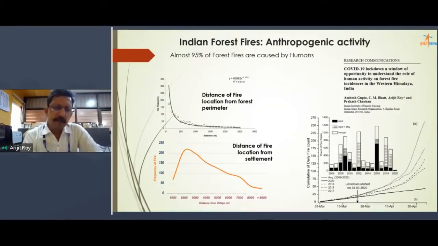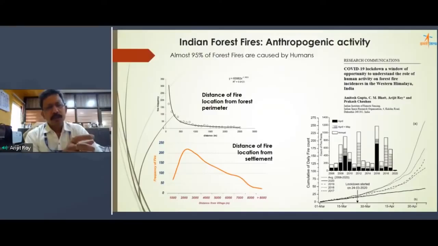We observed that almost more than 95% of the fire incidences were located within 1 kilometer from the edge of the forest. Similarly, when we plotted the fire locations from the settlements, we found that fire activity is highest at around 1.5 to 3 kilometers from the settlement location.